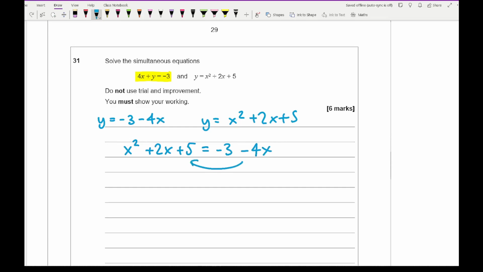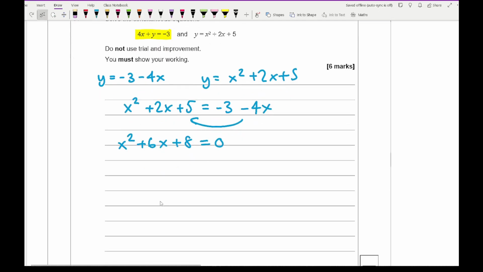Now if I take all of this over to this side, I end up with x squared plus 6x plus 8 equals 0. Now you can see it's quadratic, it's equal to 0. So let's now go on and solve this. Now this does factorize, and my two numbers are 4 and 2, so x equals minus 4 or minus 2.